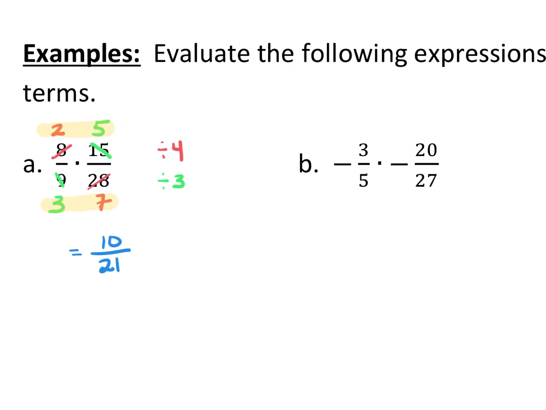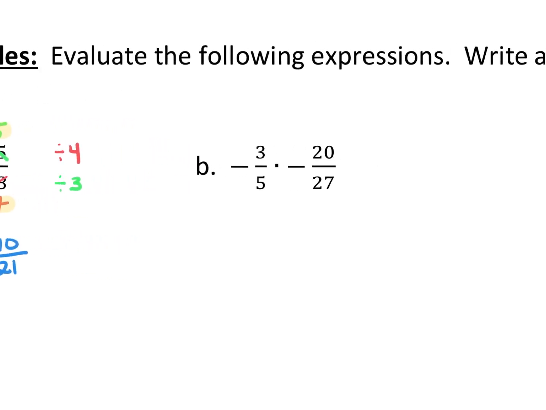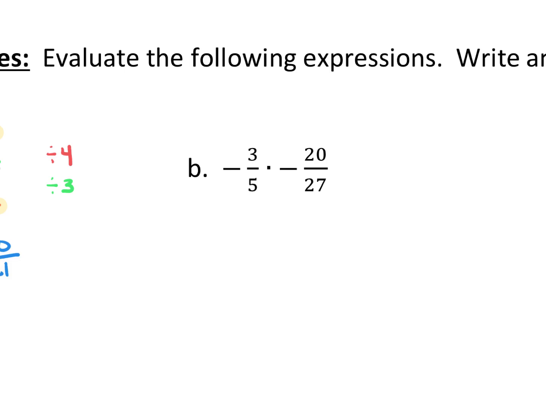All right, let's come to example B. We have negative 3 over 5 times negative 20 over 27. We are going to start by canceling common factors. The first thing I notice is that 3 and 27 are divisible by 3.